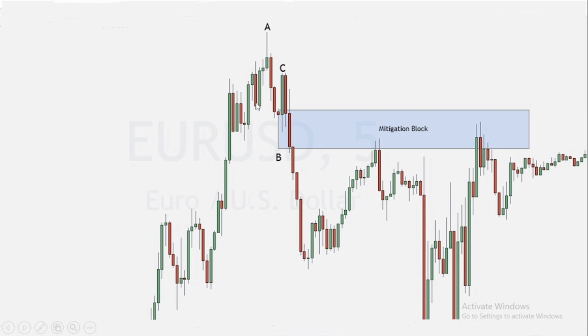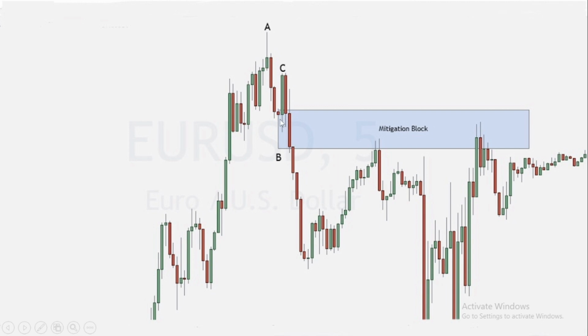Look at it. Price from here rallied higher. Here it creates a break of structure going higher, and then boom, breaks below here. It broke below here, taking the liquidity below, and then boom, just like a breaker but opposite, it refuses to create a higher high here, and then look at it, it rejects it.